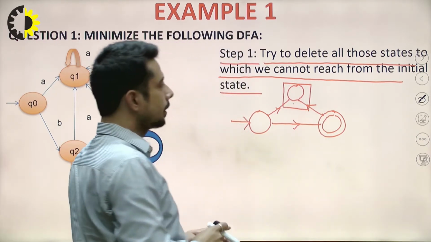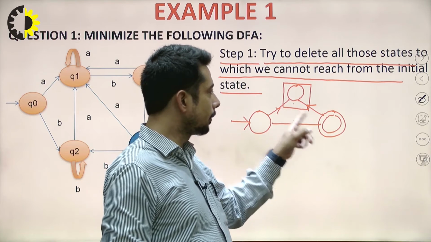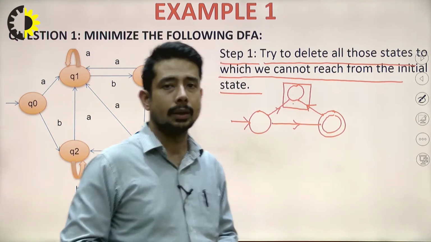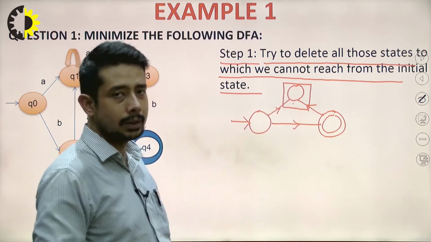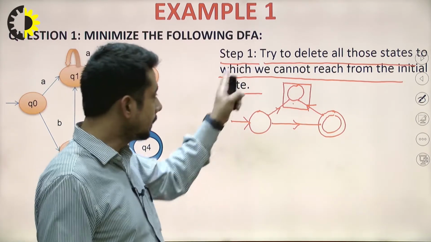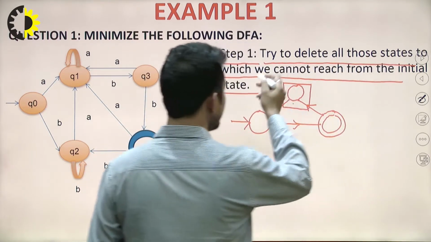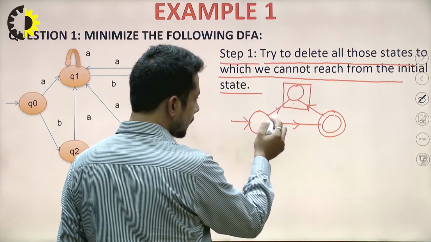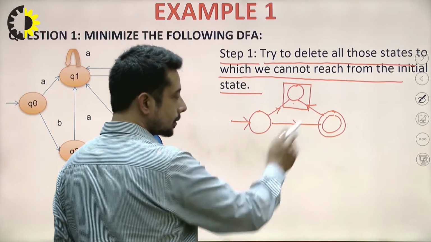Now, overall, this state doesn't reflect anything. From this state, we are not receiving any transition that is falling into the final state. So some way or the other, this is a nullified state. But in this scenario, step 1 says to try to delete all those states to which we cannot reach from the initial state. Now if you look into this diagram, we can reach this particular state from the initial state as well as this final state.